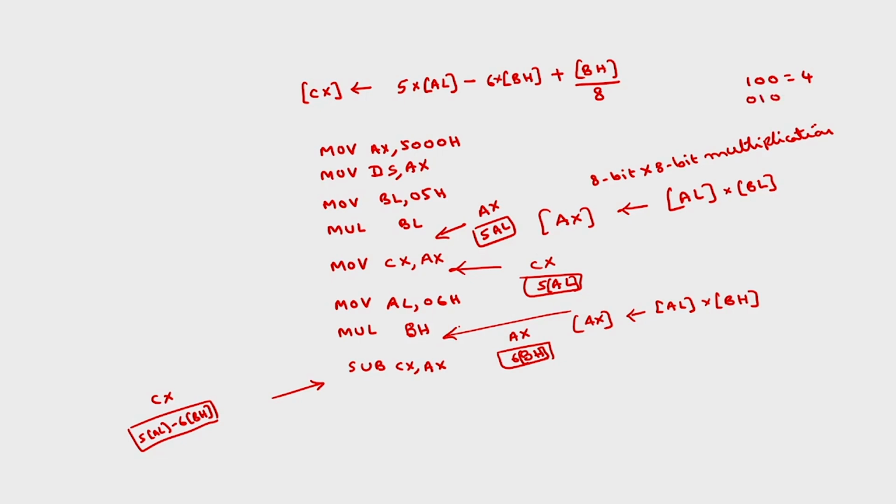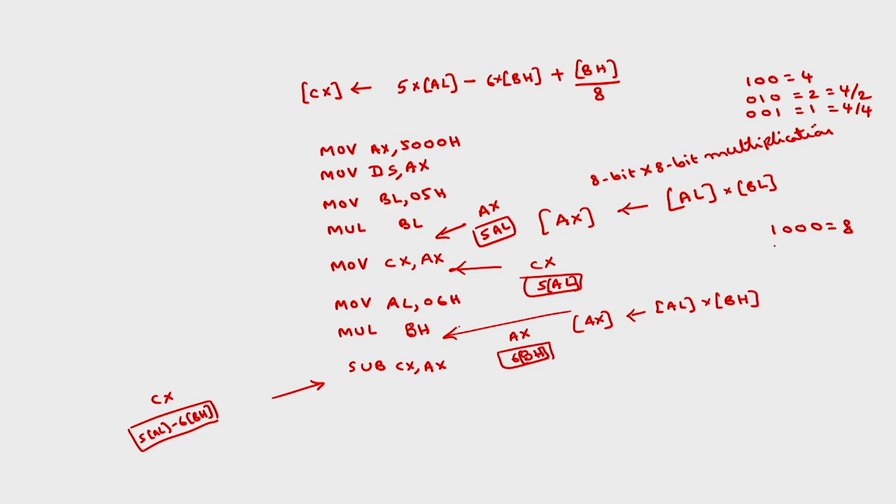This is 010, which is 2, equal to 4 by 2. If I shift one more bit, 001, this is 1, which is 4 by 4. So given a number, if I shift to the right by 1 bit position, then you get half of that value, or divide by 2. If I shift by one more, you get divide by another 2, which is total 4. So if I take a 4 bit number, for example 1000, which is equal to 8.